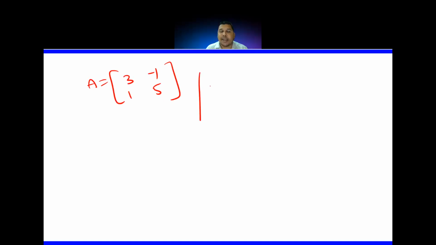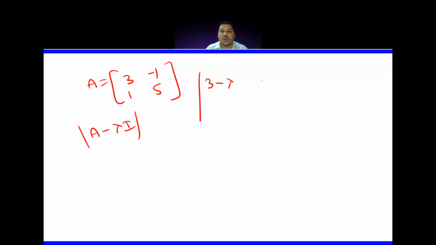Let's see an example whether the given matrix is diagonalizable or not. Here I have a matrix A. I'll take 3, minus 1, 1, 5. Let's find out its eigenvalues and see whether it is diagonalizable or not. For finding eigenvalues, I have to do determinant of A minus lambda I equal to 0.